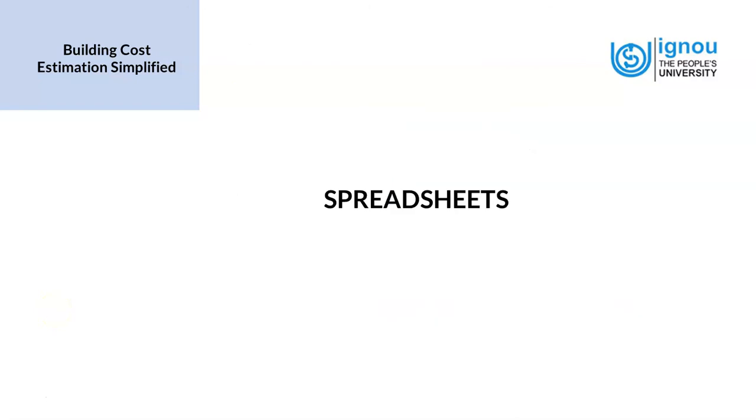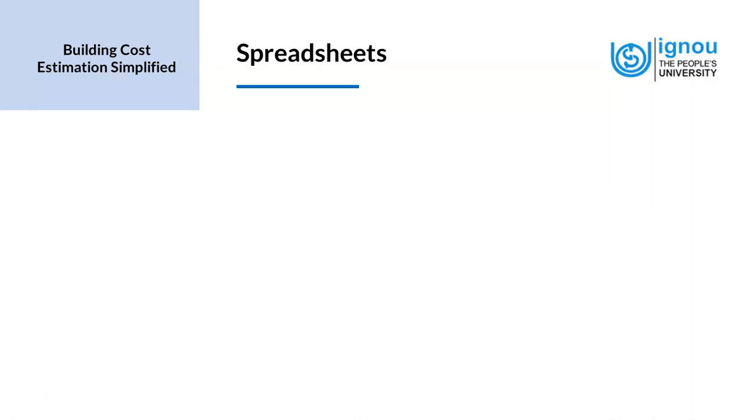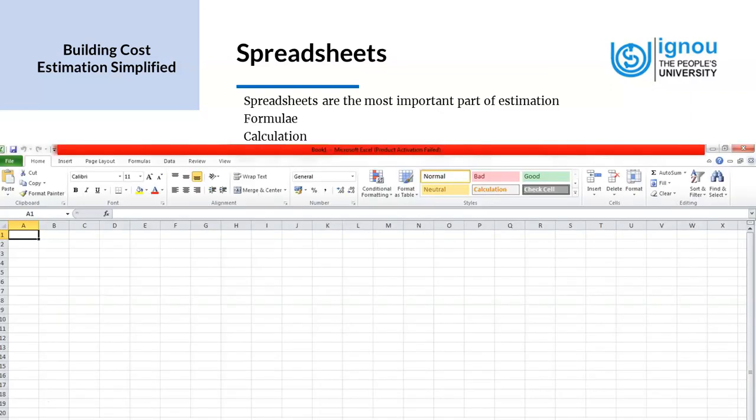We move on to the next section. It's about spreadsheets. Spreadsheets are the most important part of estimation. They help in storing formulae and also enable calculation. The provision in a spreadsheet to help copy-paste formulae is particularly useful.